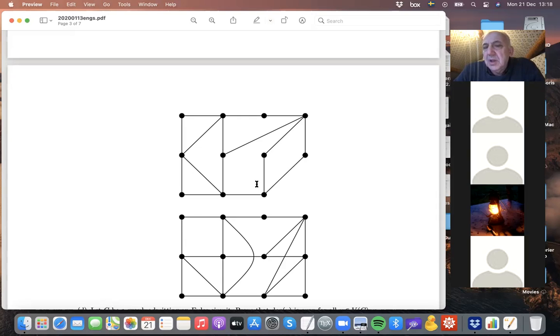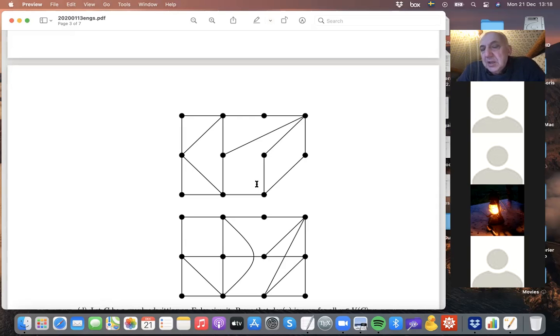Sure, an Eulerian thing should use all edges, each edge once. But then there are cycles where you have to come back to the initial vertex, and there are paths, maybe, where you use all the edges once but don't have to come back to the vertex you started at. And there is a simple criterion for both.